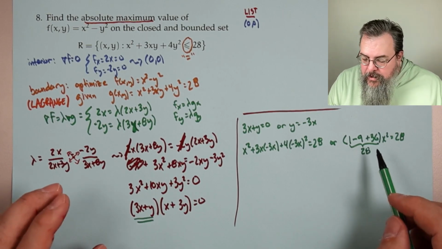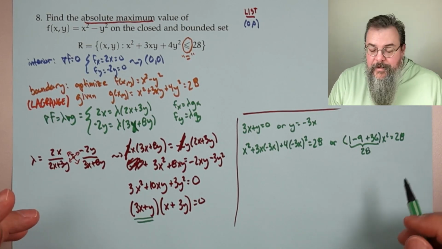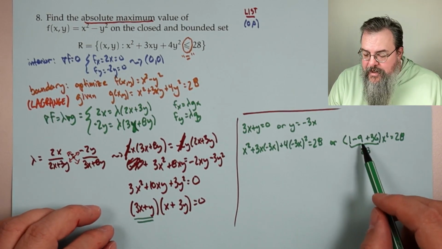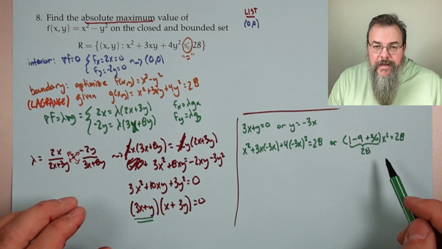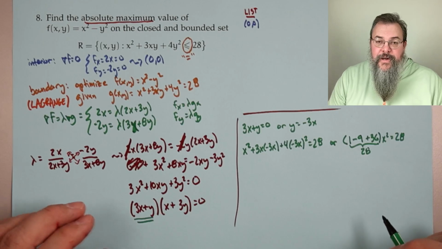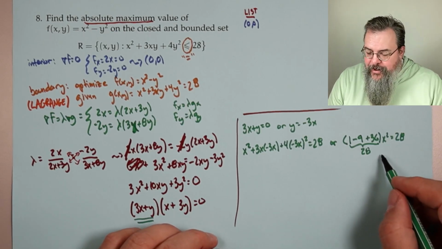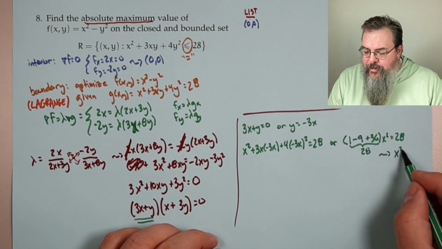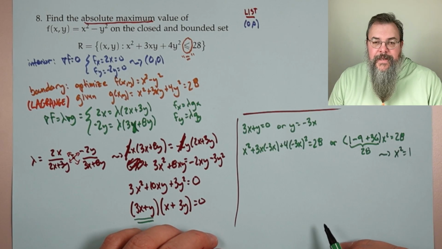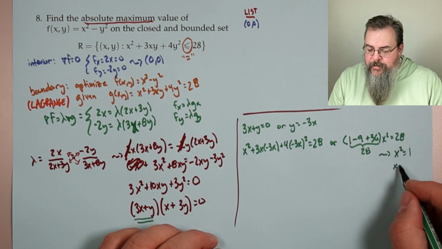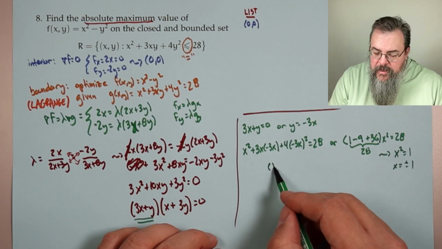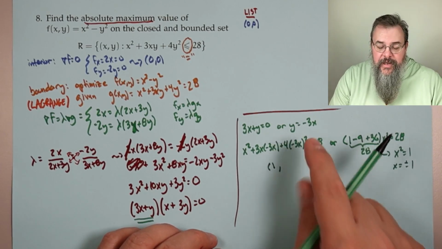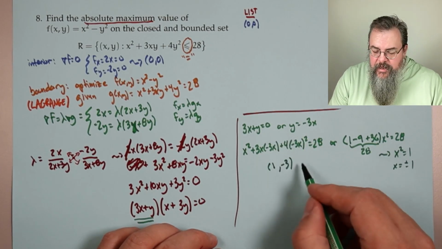Let's double check. Now I'm nervous. I don't know why I'm nervous. But 1 subtract 9 is negative 8. Negative 8 plus 36 is 28. Yeah, all right. Well, that worked out surprisingly well. So, huzzah, x squared equals 1. That tells us x equals plus or minus 1. Now, if x equals 1, y equals negative 3x, so that gives us 1, negative 3.